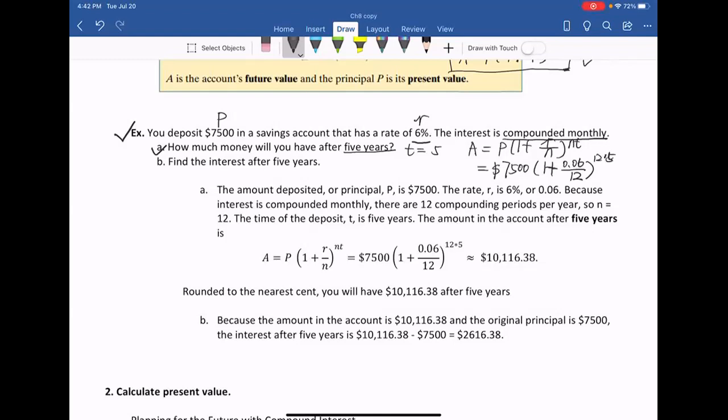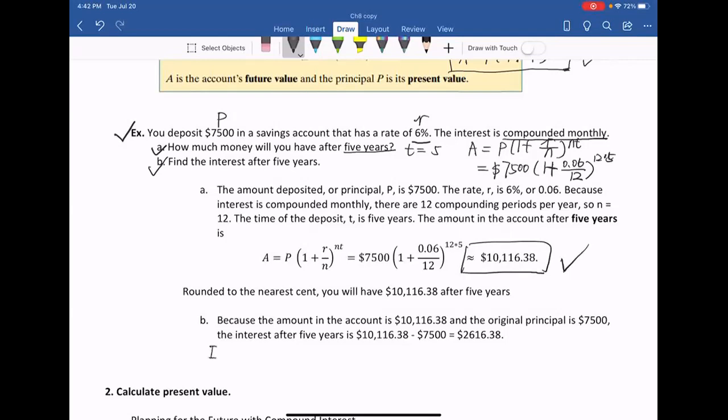So use your calculator to find the information. We get this answer. Part B, find the interest after 5 years. The future value after 5 years is this. Use the future value, subtract the present value. That's the interest.